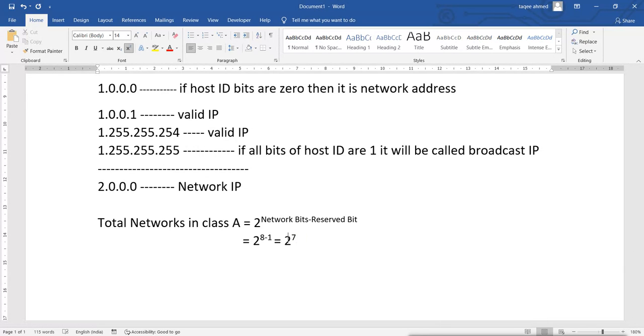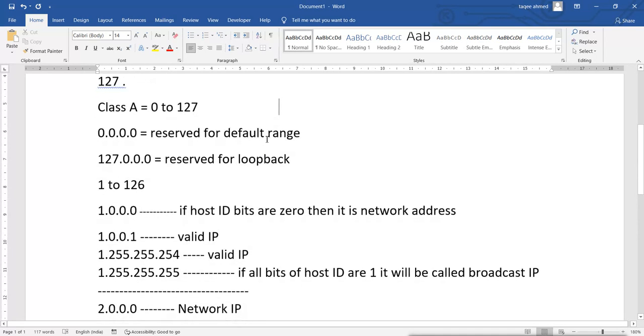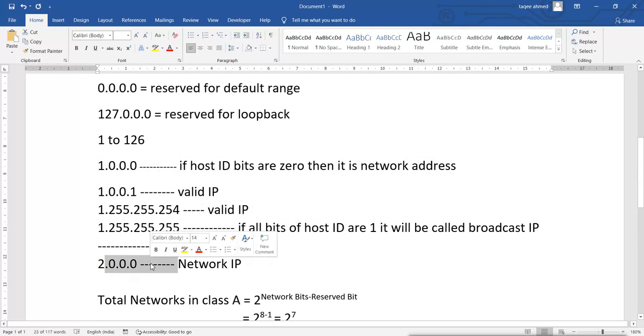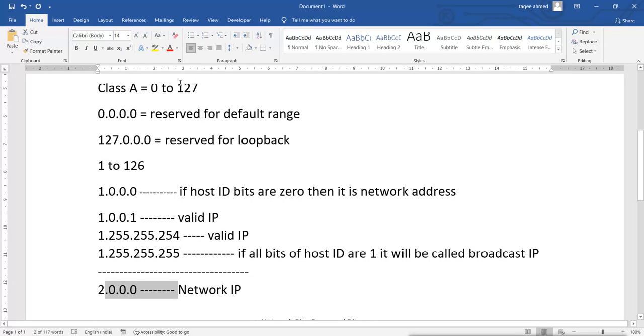So in class A, the total number of networks is 128. These networks are like 1, 2, 3, 4, 5, and so on till 127 from 0.